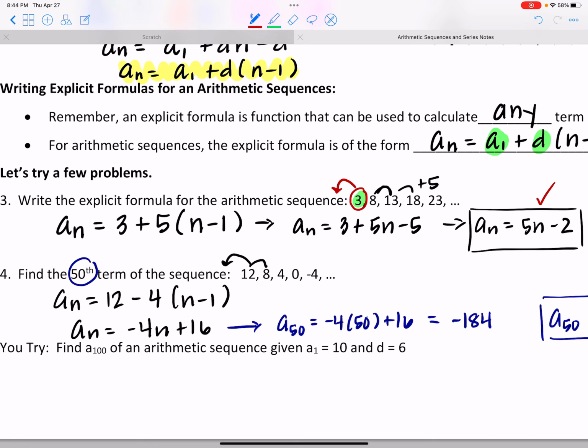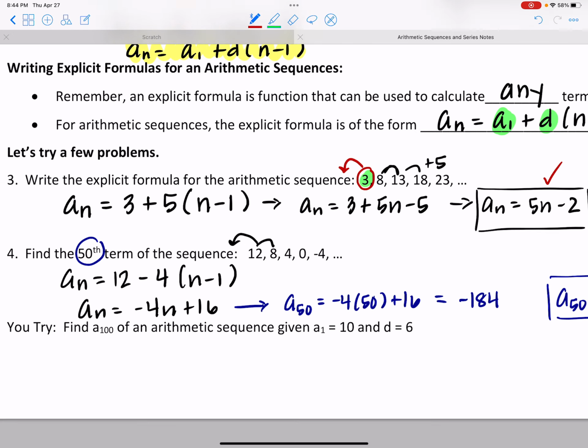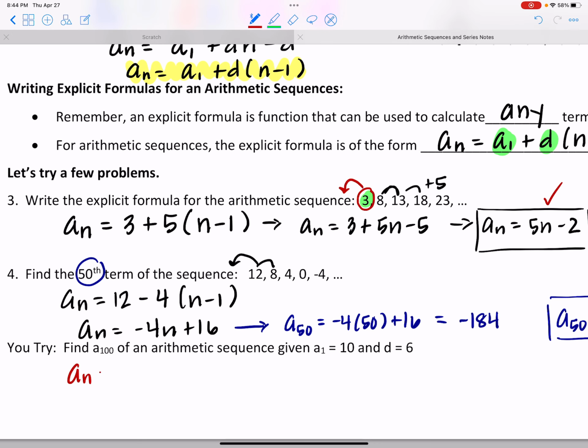So find a sub 100 of an arithmetic sequence. That means find the 100th number, given that the first number on the list is 10 and the common difference is 6. So a sub n, my explicit formula would be a sub 1, which is 10, plus my common difference of 6 multiplied by n minus 1.